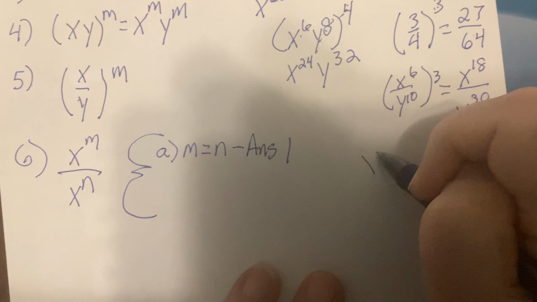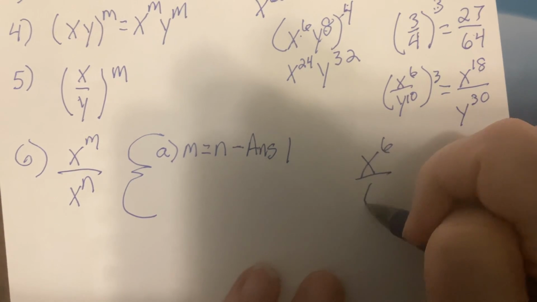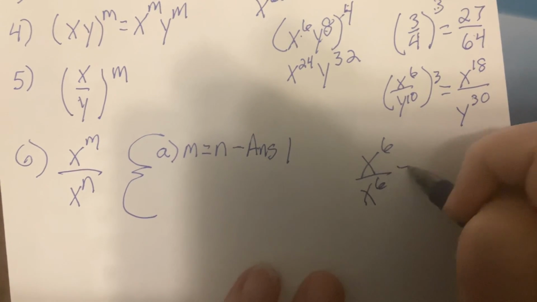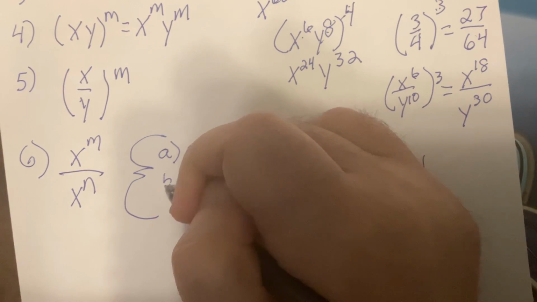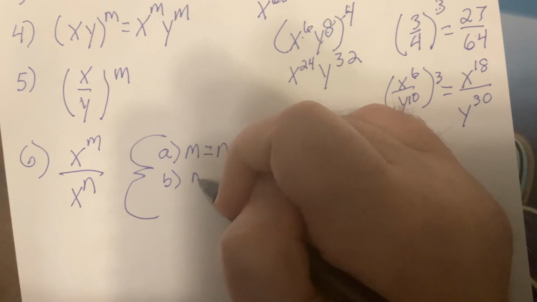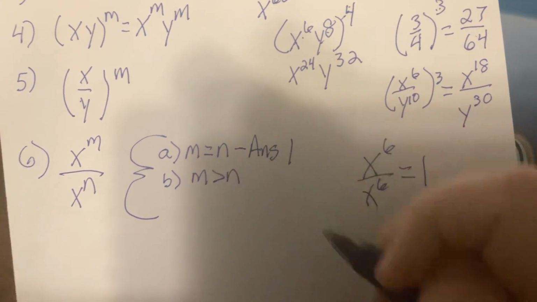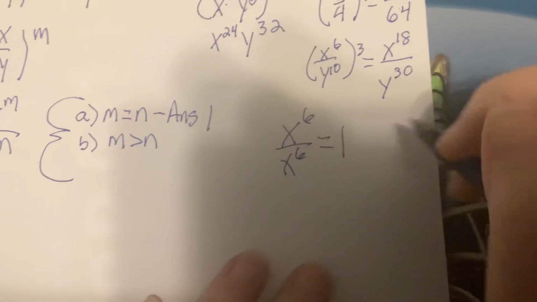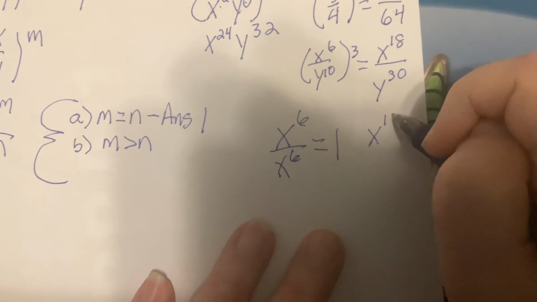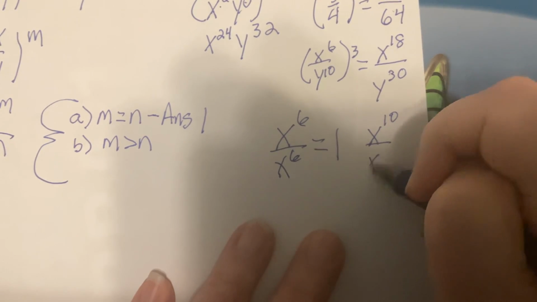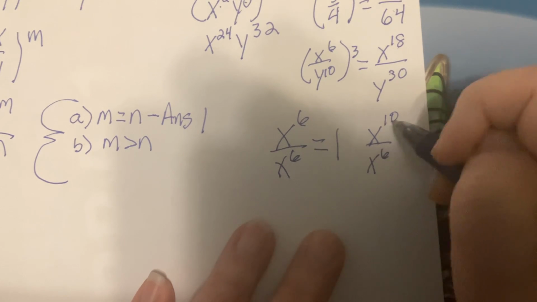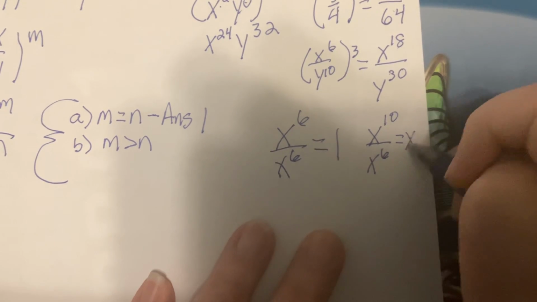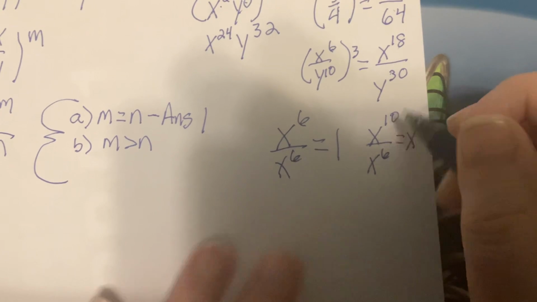Because anything divided by itself is 1. x to the 6 divided by x to the 6 is 1. B, what if the bigger power's on top? So let's say I have x to the 10 divided by x to the 6. Well, 6 of these cancel with 6 of these. So it'd be x to the 4th.